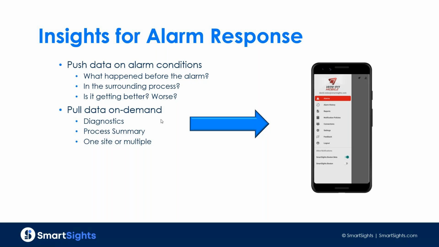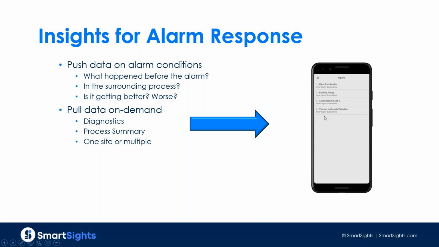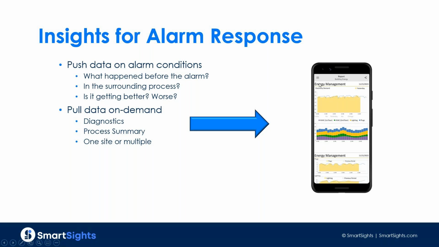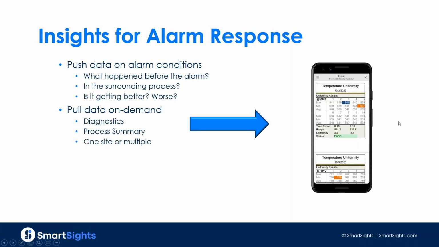And so what does this look like in terms of what an end user would actually see and experience using the app? If they're using Win911 Mobile, and we're using the SmartSights bundle, not only do we see notifications that alarms are happening, get those pushed to us, we can access, either on demand or with notification, the different reports that we've exposed to the user. So they can check on things like what's happening inside of the discrete process. They can see how these alarms might be affecting the building energy system. They can see the results of a process.